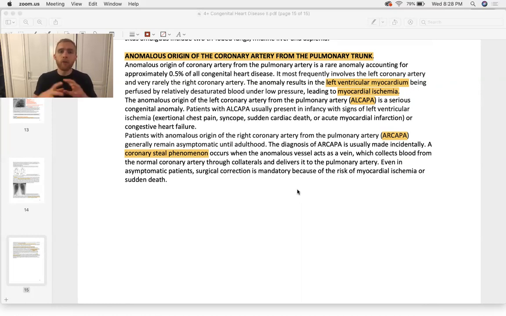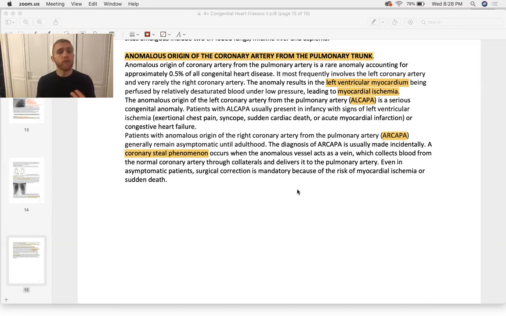ARCAPA is going to be a more drawn out, slower presentation because your right coronary artery does not supply the septum. So the conduction of an action potential through the heart is not dependent on your right coronary artery, right? So whenever you have ARCAPA, it's going to be more drawn out because you can live with it for a longer time.